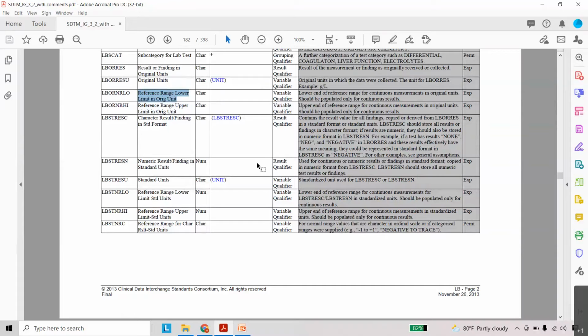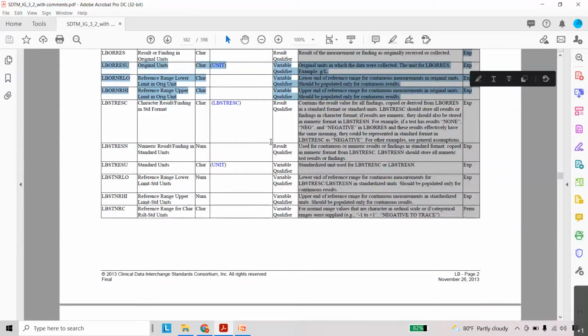If you are seeing a numeric value in the laboratory domain, the expectation is that LBORNRLO and LBORNRHI should be present, otherwise it is also a data issue. And you can see these are the expected variables.